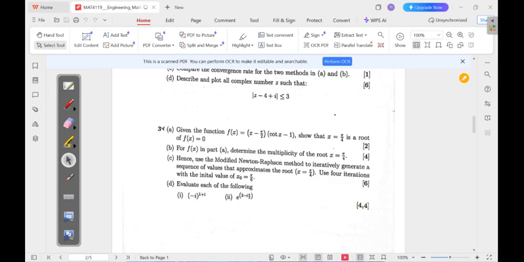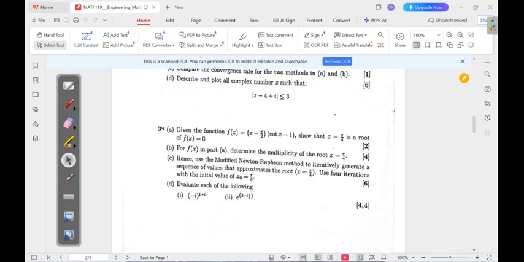Then we'll go to question 3c, which says, hence use the modified Newton-Raphson method to iteratively generate a sequence of values that approximate the root x equals pi over 4.